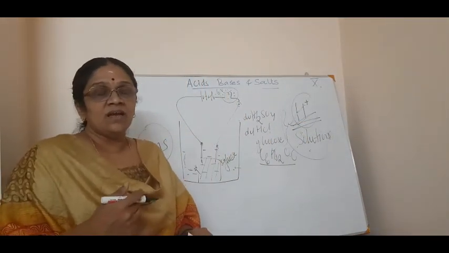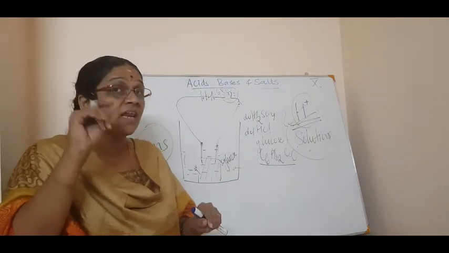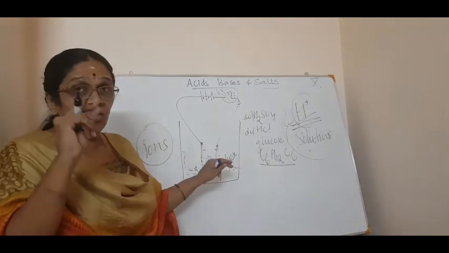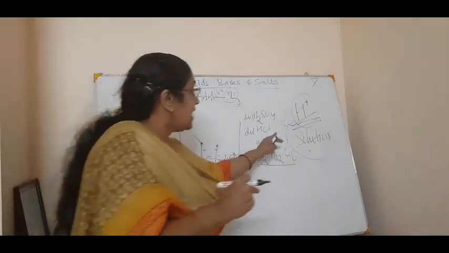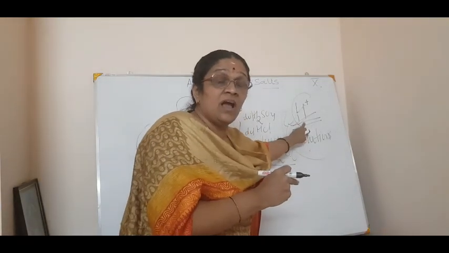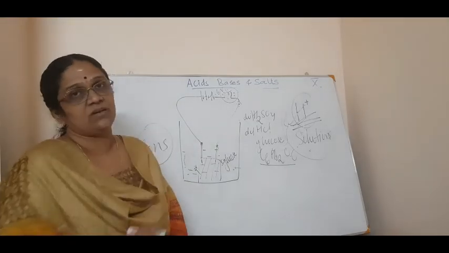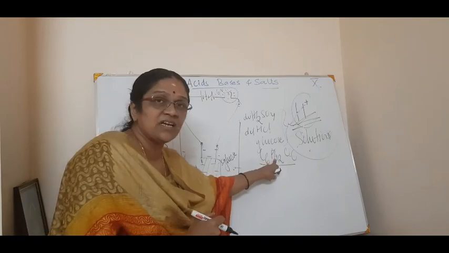It doesn't mean that an acid merely contains H plus ions. No, it must contain a replaceable hydrogen atom. That's it. That is a more valid definition. An acid means it must contain a replaceable hydrogen ion in solution. That's very, very important. In solution. Whereas glucose has no replaceable hydrogen ion.